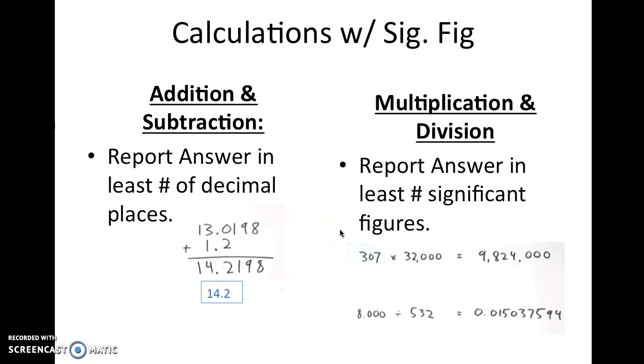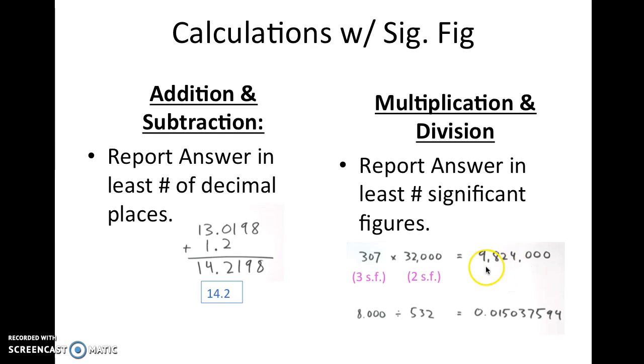For multiplication and division, it's least number of significant figures. So to do that, if we look at the first example of multiplication, I notice I have 3 sig figs here, and then here, how many do you think you have? Notice there's no decimal place. Yep, you should get 2 sig figs for the second one. So between these two numbers, this second number has the least number of significant figures, and so our answer should be in 2 significant figures.